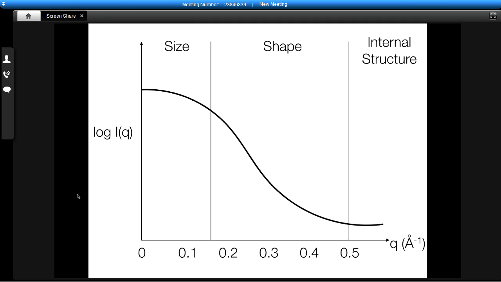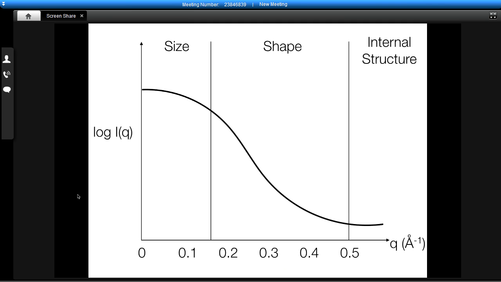So once you have that, we can break that up into a few different regions. We have a plot here of the log of the intensity on the y-axis, and we have Q on the x-axis. So Q is essentially the angle. It's a transformation of the angle where the wavelength is involved.